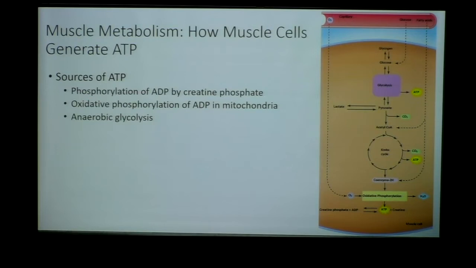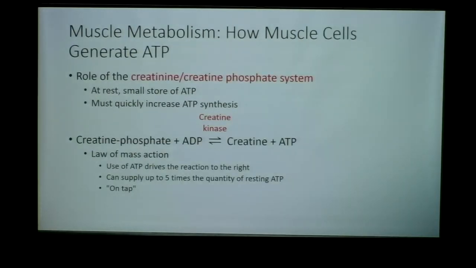We talked about glycolysis yielding not very much ATP, and so we can get some ATP here, but understand that oxidative phosphorylation is really golden in terms of energy production and the efficiency of that energy production. Okay, so we have a temporary transient source, we have a sustainable, permanent, more efficient source, and then we have this sort of in-between source that can get us through, but is not giving us as much ATP as reliably as oxidative phosphorylation. Let's speak about that first mechanism, the creatine phosphate system.